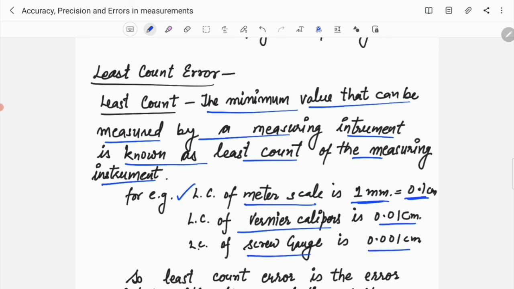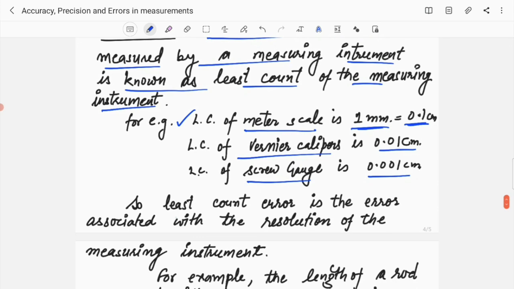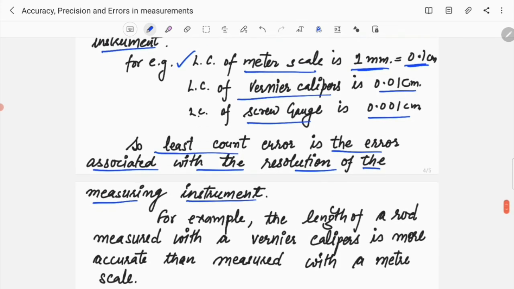So different instruments have different least counts. So what is least count error? The least count error is the error associated with the resolution of the measuring instrument. Means if we measure a length with a meter scale and the same length with vernier calipers, the length measured by vernier calipers will be more accurate than with the meter scale, because vernier calipers give information up to 2 decimal places, whereas the meter scale gives information about only 1 decimal place.